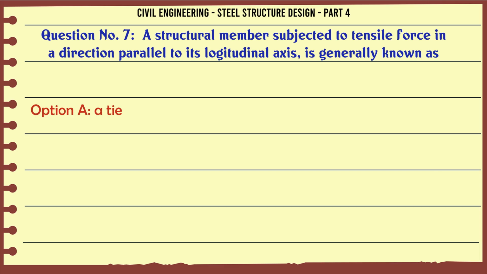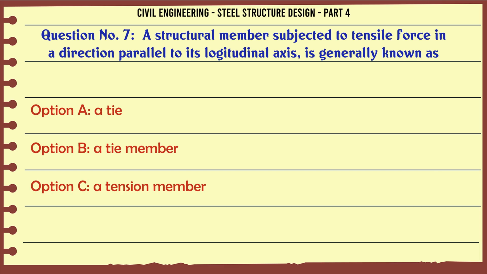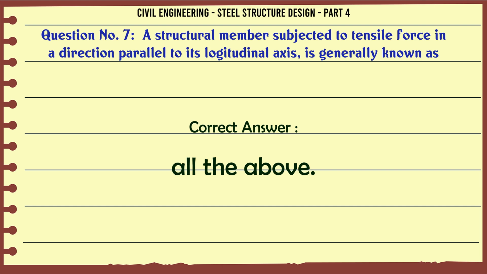A structural member subjected to tensile force in a direction parallel to its longitudinal axis is generally known as A) tie, B) a tie member, C) a tension member, D) all the above. The correct answer is all the above.